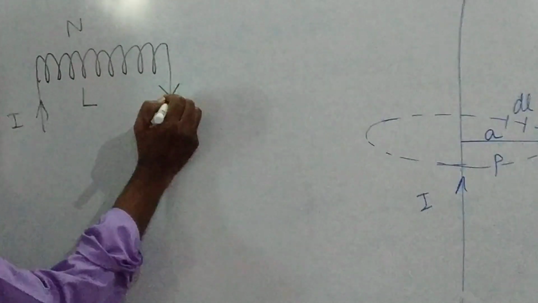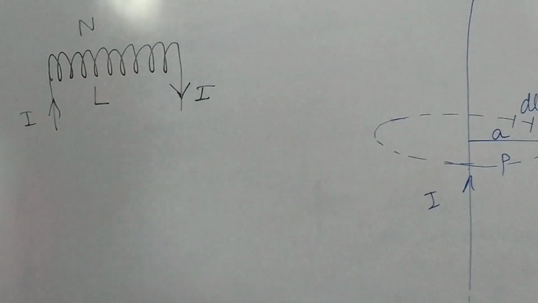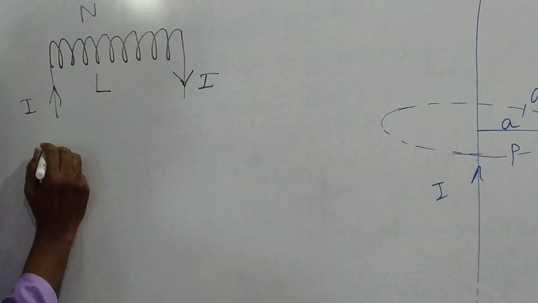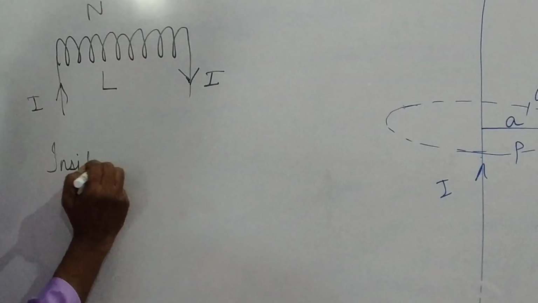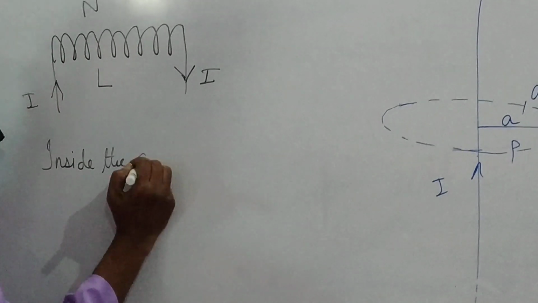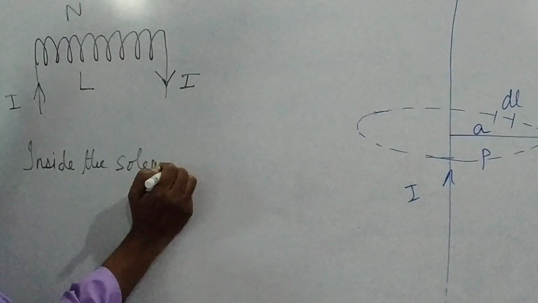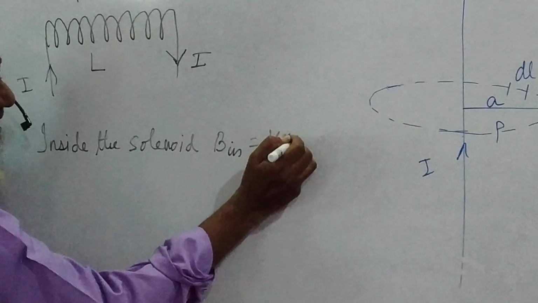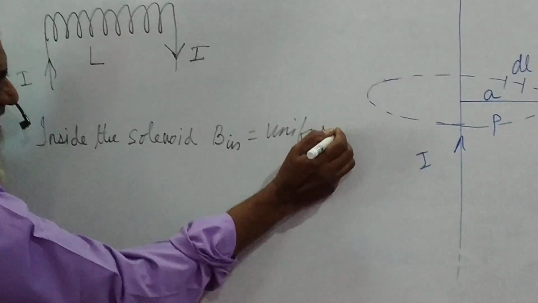Then the magnetic induction inside the solenoid is uniform. That means it is constant at all places.